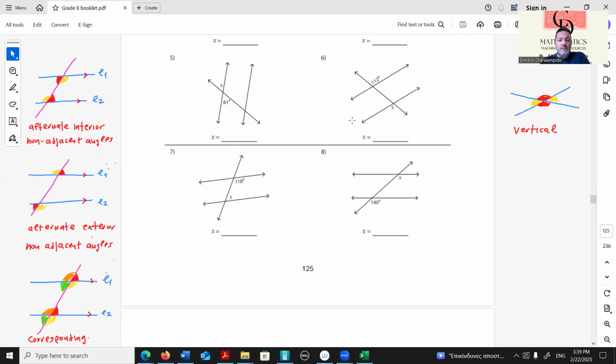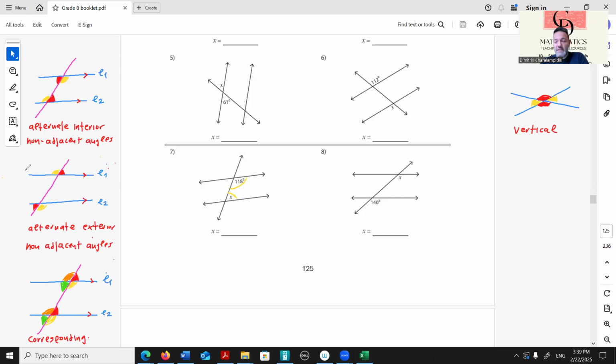On exercise 7, we can see that we are talking about these two, this and that. They are same side interior angles.